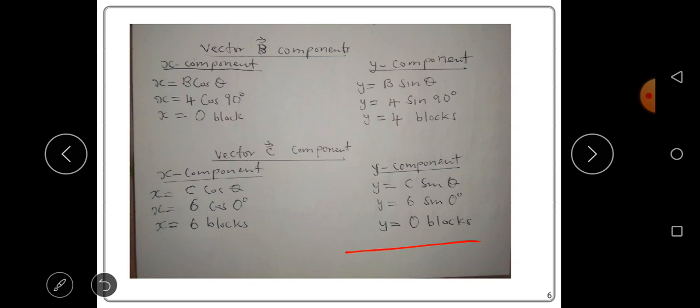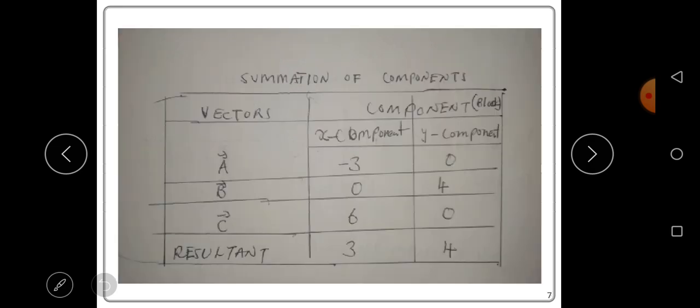So we found the components, or we've resolved these vectors into their components. So let's now look at the summation of these components. It is important to put them in a table format to avoid making mistakes. So let's do that. Summation of components.